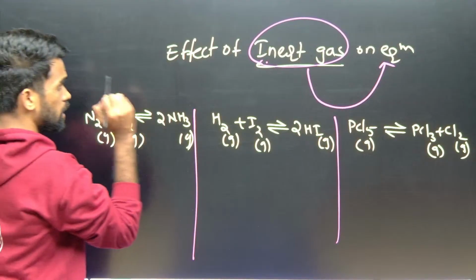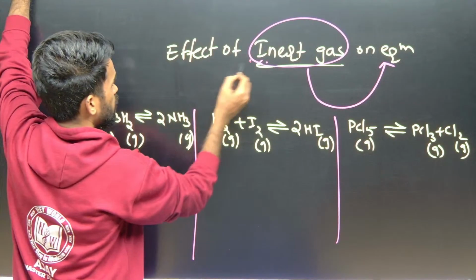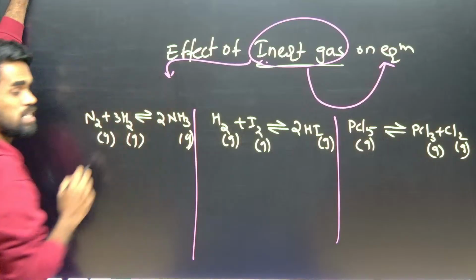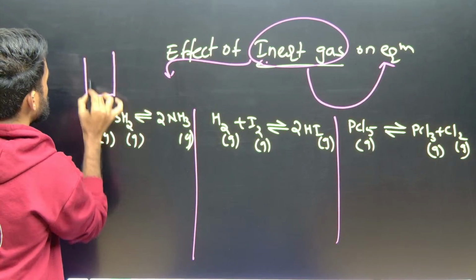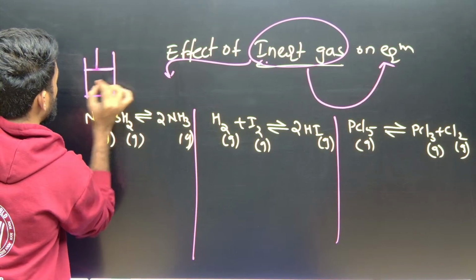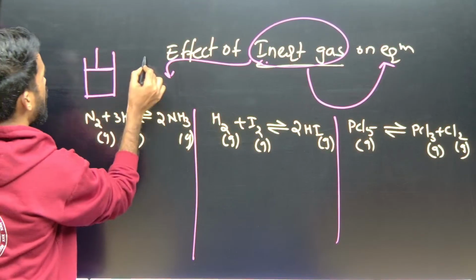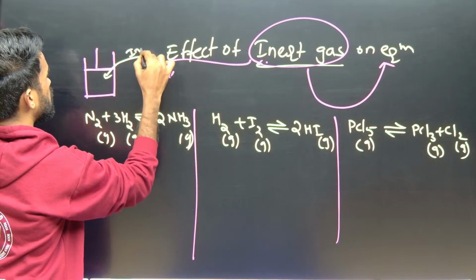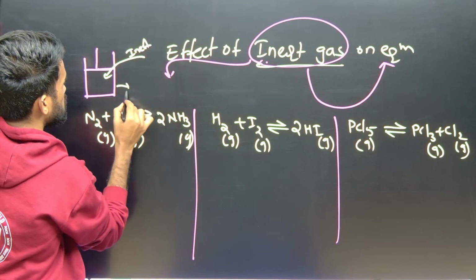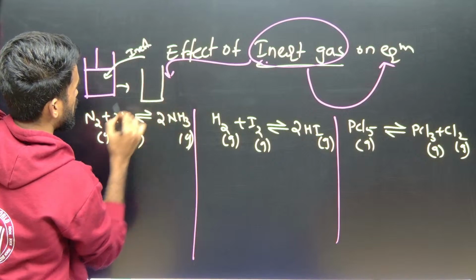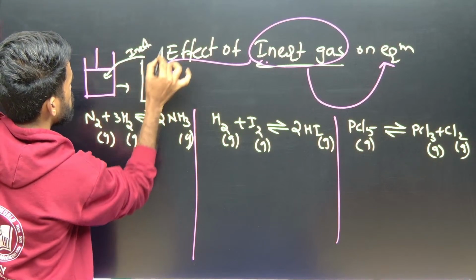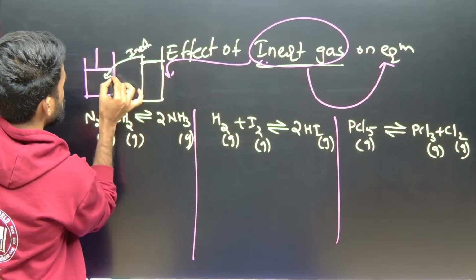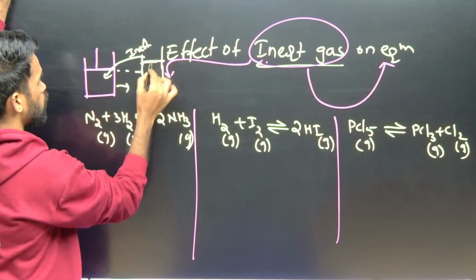Here, when we add inert gas, will it participate in the chemical reaction? No, right? Initially, let us say this is the volume of the equilibrium container. Now we add inert gas. What happens? The volume of the container expands because inert gas is added, so the volume is increased.